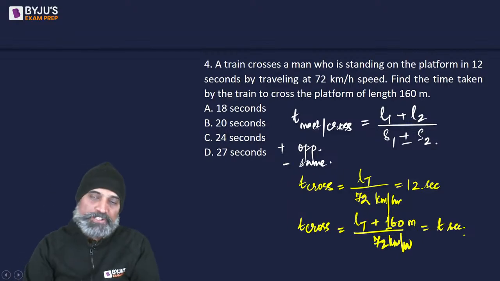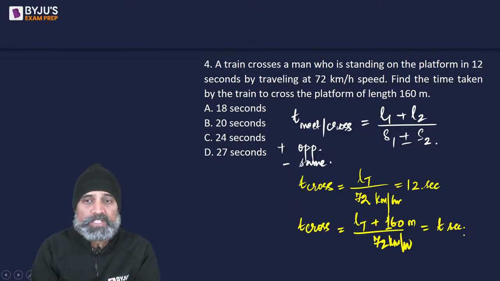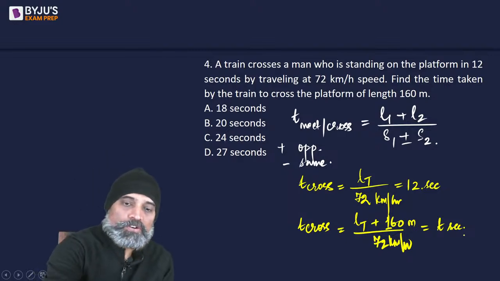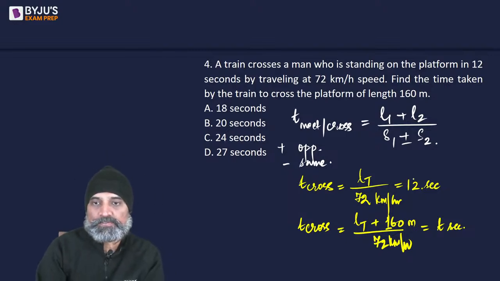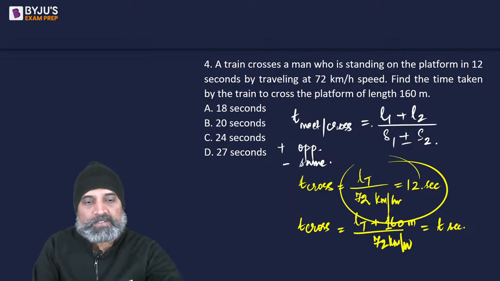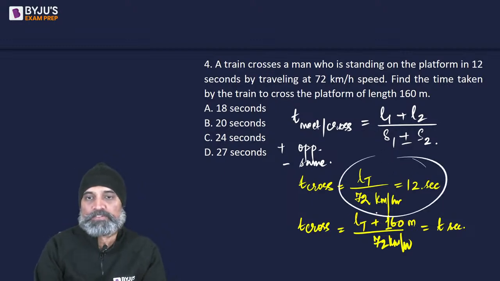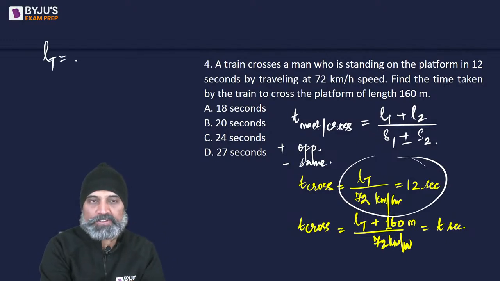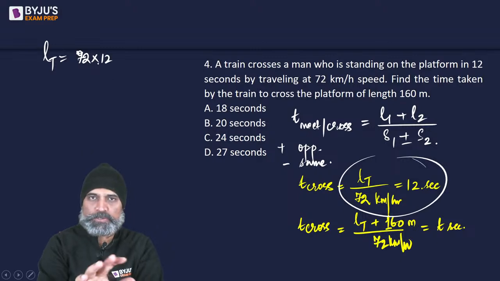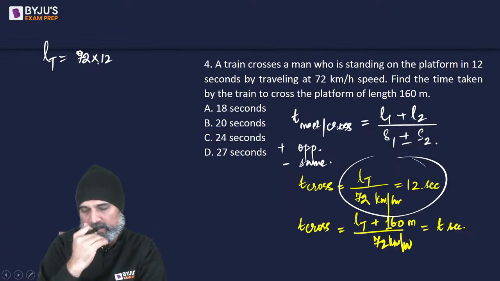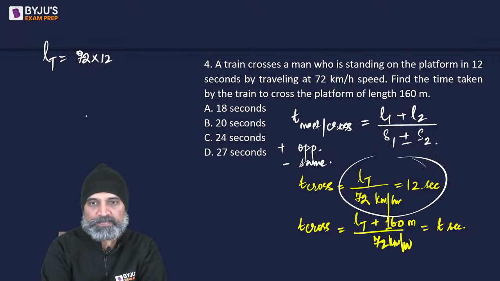Now, if you pay attention over here, you will realize that there is one variable LT that we need to get rid of, right? So from the first part, can we write length of the train is equal to 72 into 12, the unit being kilometer per hour into seconds, I am not worried about that.